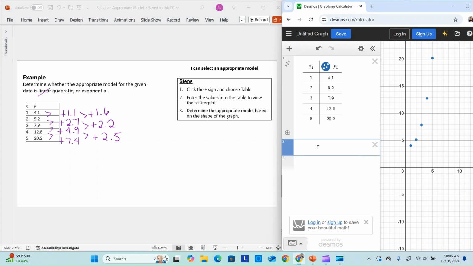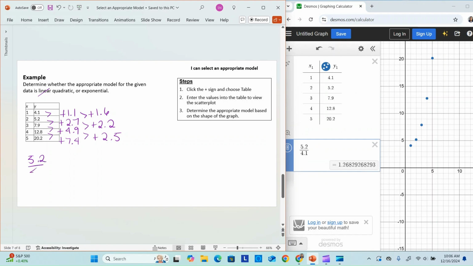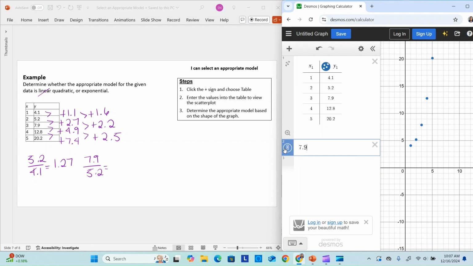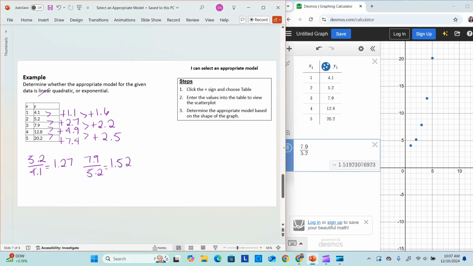So if we do 5.2 divided by 4.1, that's going to give us about 1.27. If we do 7.9 divided by 5.2, that gives us 1.52. So I can already see these common ratios are very different.